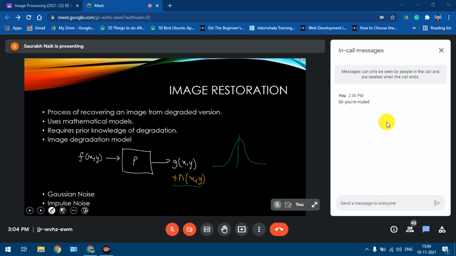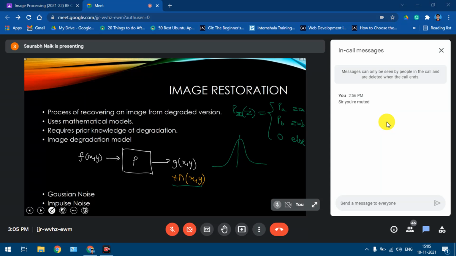The impulse noise is given by a probability function, something like this, wherein if it has probability A, then Z is equal to A, probability B, then Z is equal to B, and probability 0 otherwise. So instead of the gray level it was supposed to have, it may have a completely different gray level, either A or B, depending on this probability value.